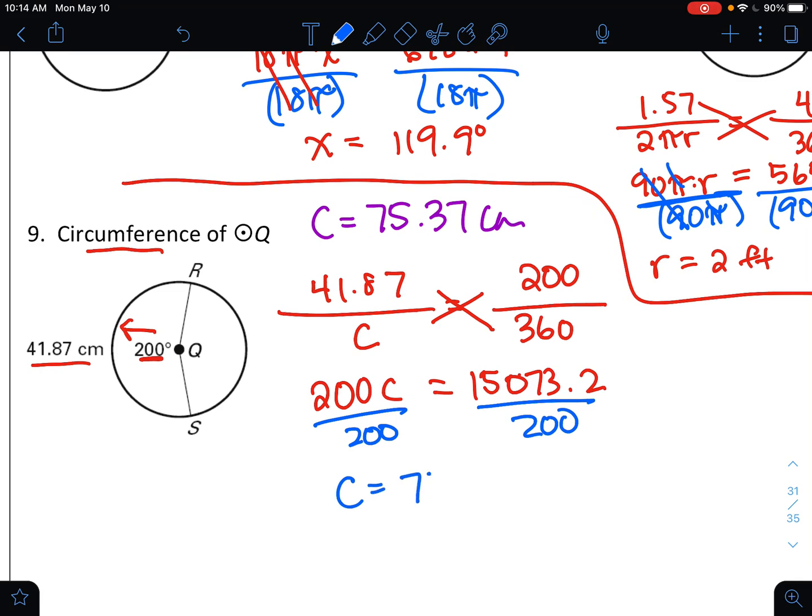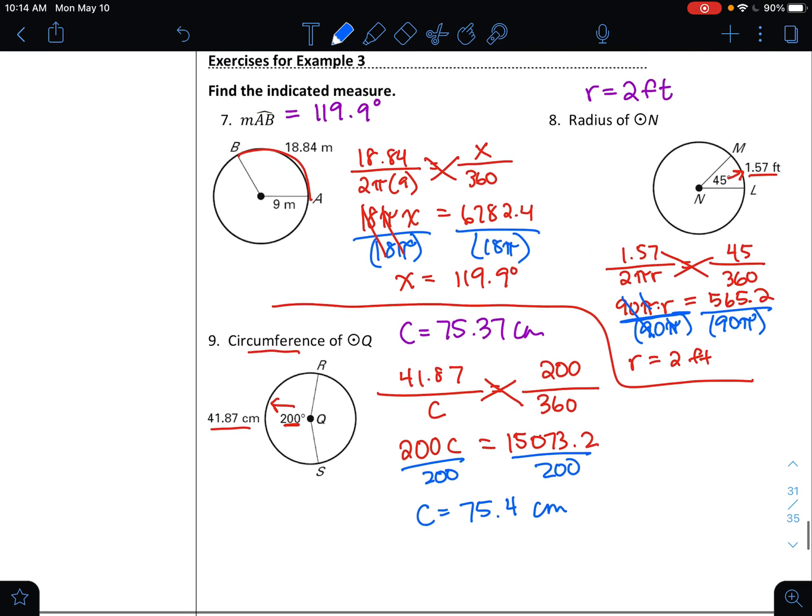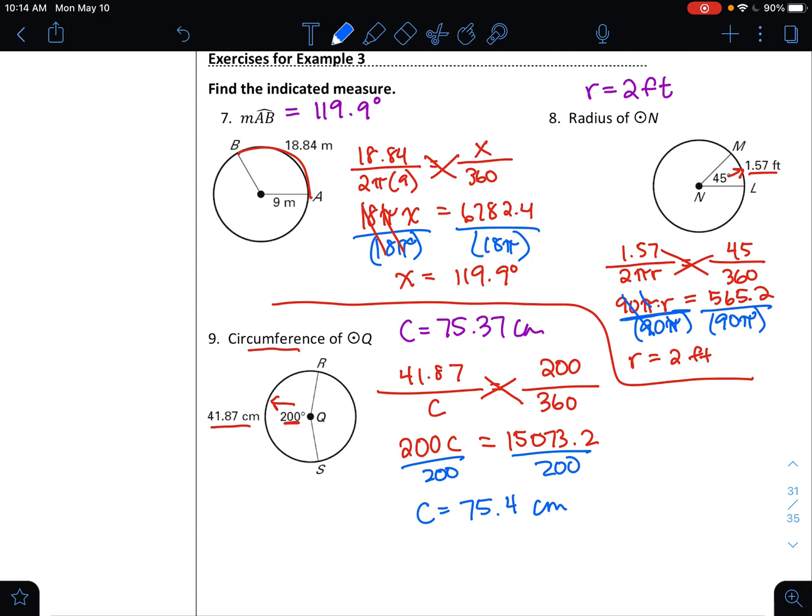And I wrote it rounded to the nearest hundredth. If you rounded to the nearest tenth, it would be 0.4, but still centimeters. Okay, so those last 3 examples are ideas of not just finding arc length, but another section of this proportion.